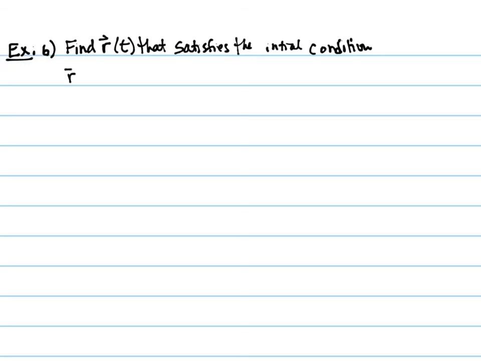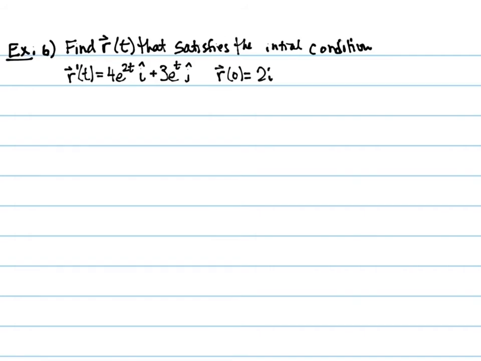Okay, and my r prime of t that I'm starting with is 4e to the 2t i plus 3e to the t j. And I'm told that r of 0 equals 2i.